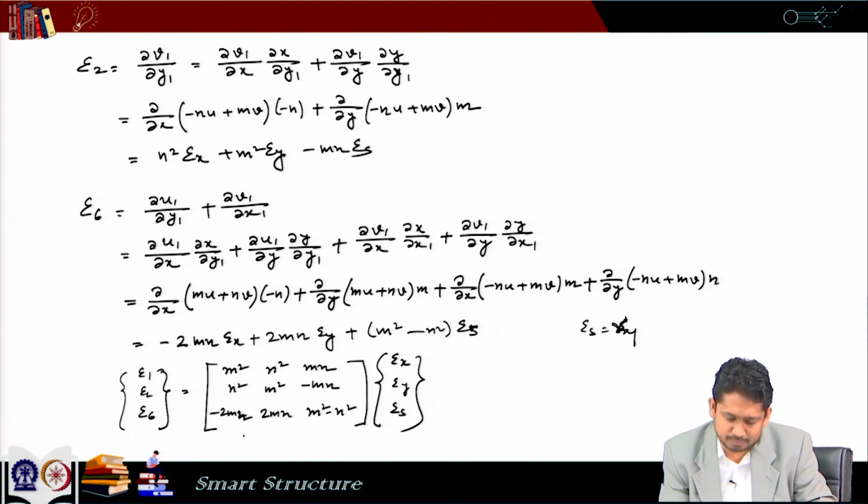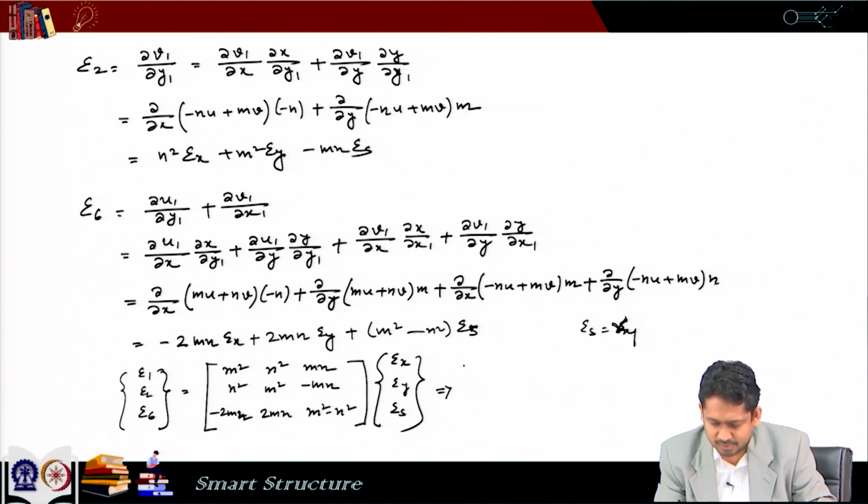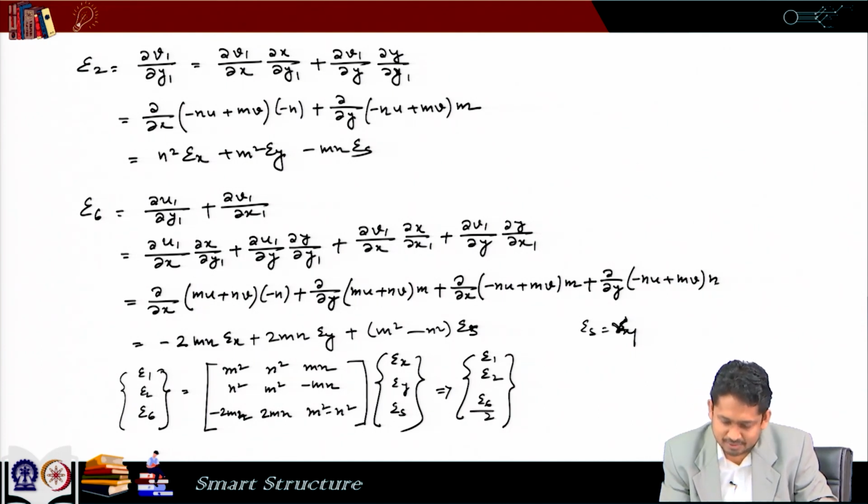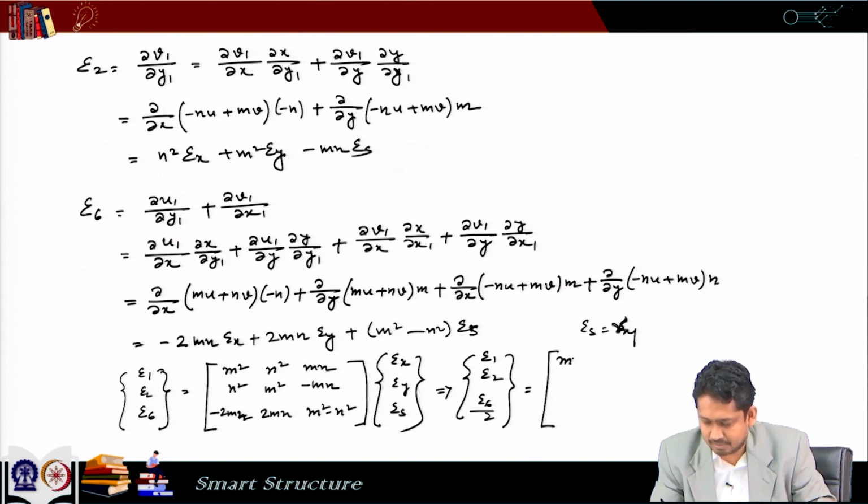Now, if we want to make the previous matrix applicable here, we can define the shear strain relation a little bit differently. So, instead of writing epsilon 6, if I write epsilon 6 by 2, then this relation changes and it looks like this.